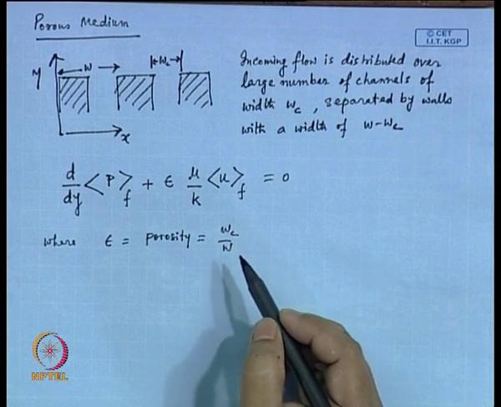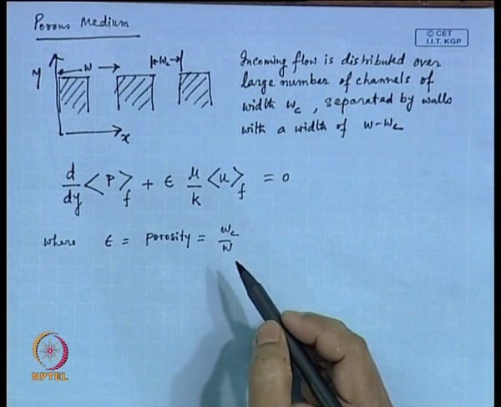Porosity is considered as volume of void divided by the total volume, right.